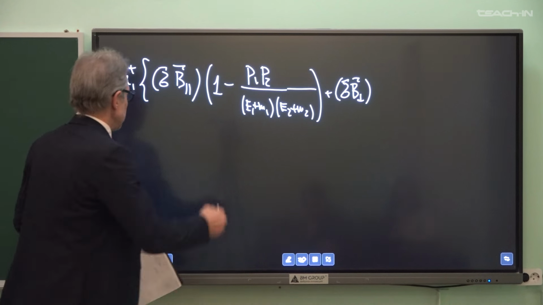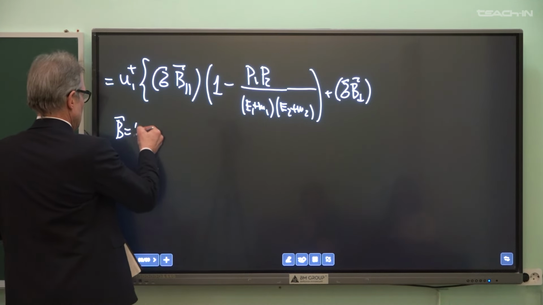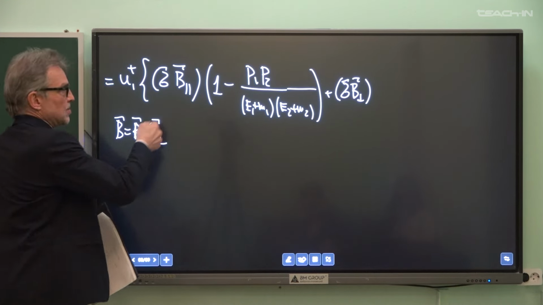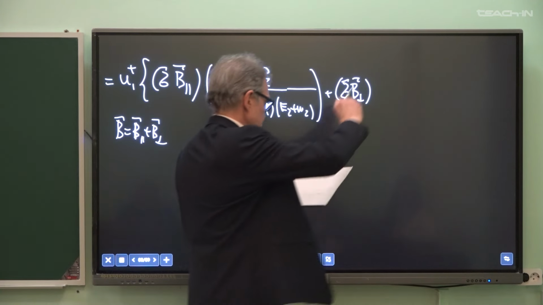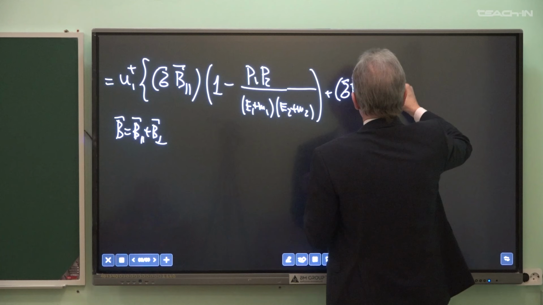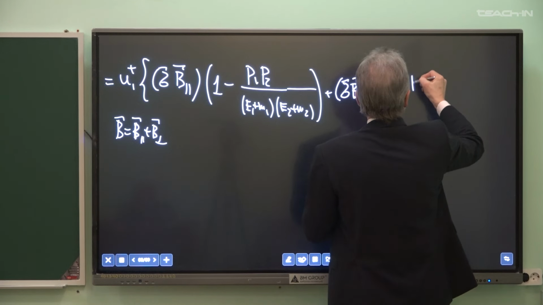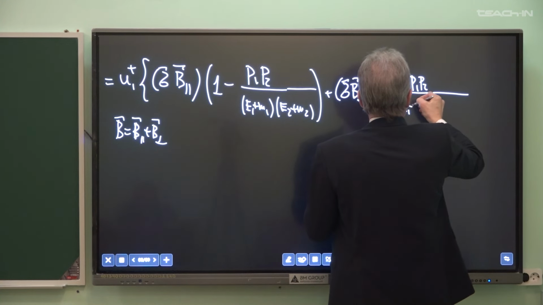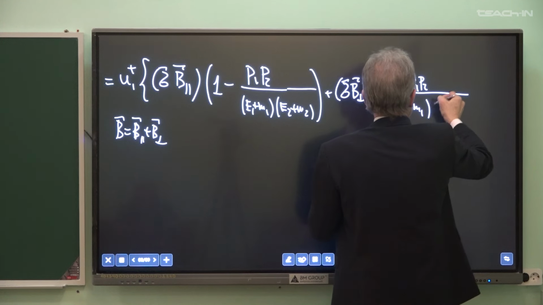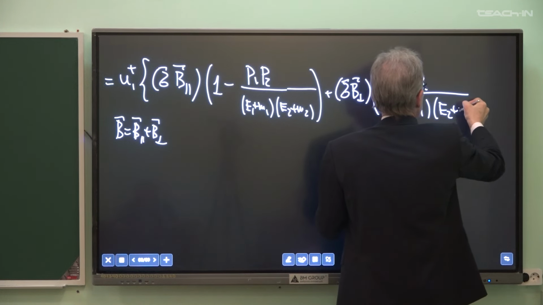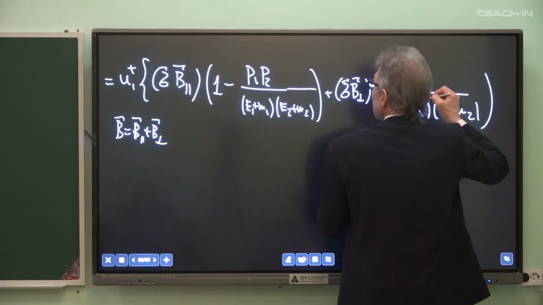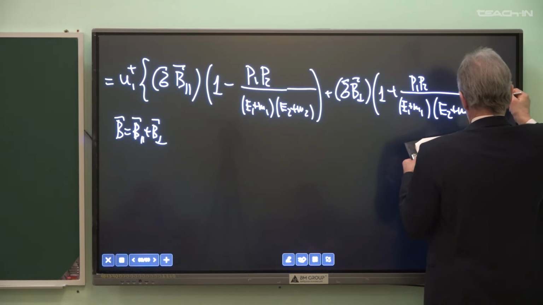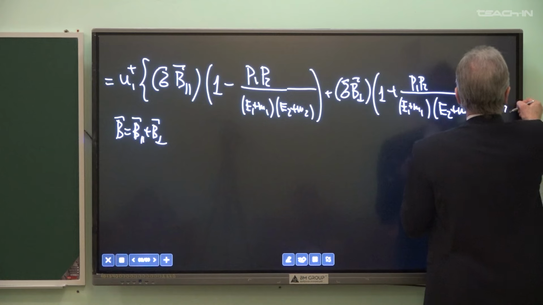We just decompose it into two vectors and treat them separately: 1 plus P1 P2 divided by E1 plus M1, E2 plus M2, U2.